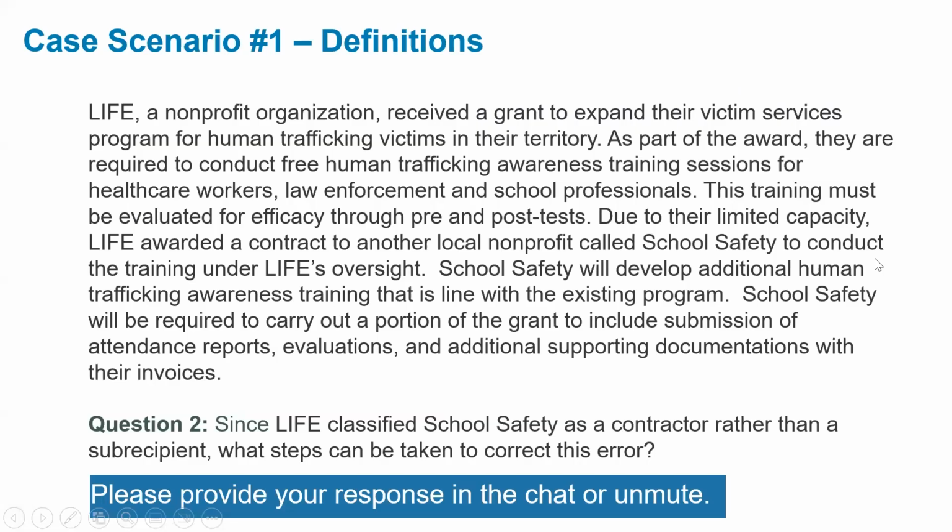All right, so this is the same scenario. Sorry about that. So the question is, since Life classifies School Safety as a contractor rather than a subrecipient, what steps can be taken to correct this error?